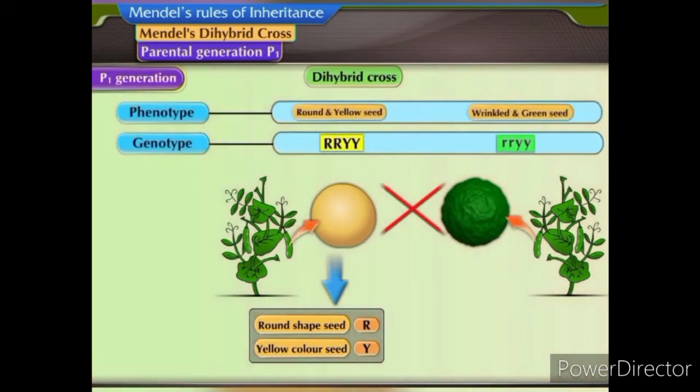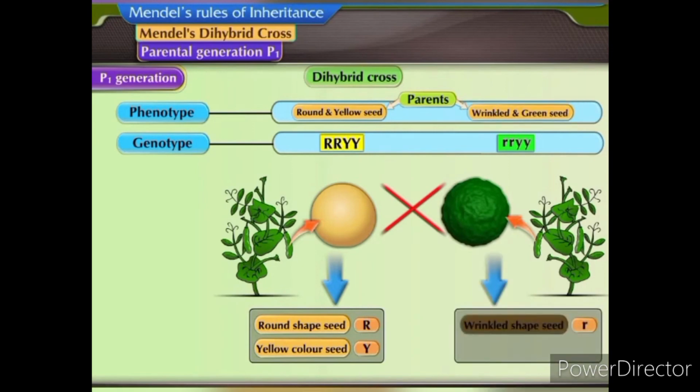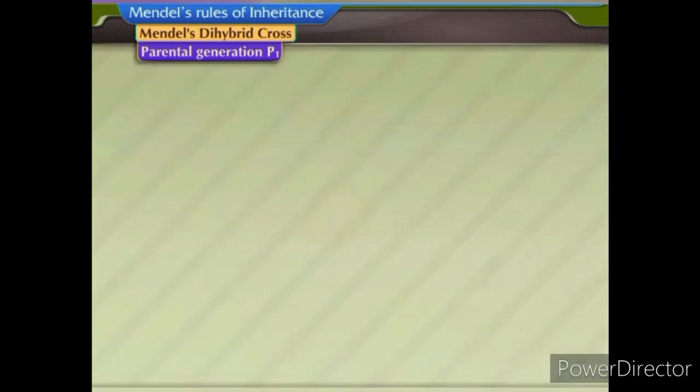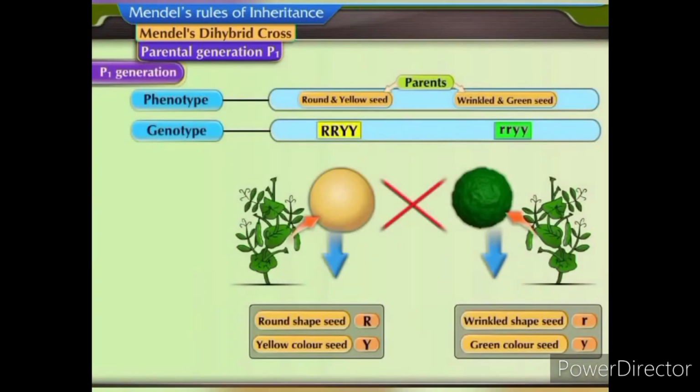Hence, the genotype of the parent plant is capital R capital R capital Y capital Y. The other parent has wrinkled seeds which are green in color. The letter small r denotes wrinkled seed and small y denotes green-colored seed. Hence, the genotype of the parent is small r small r small y small y.